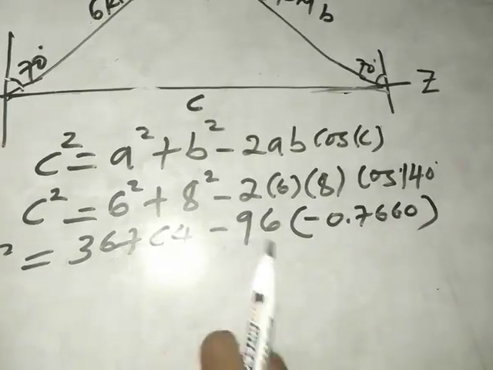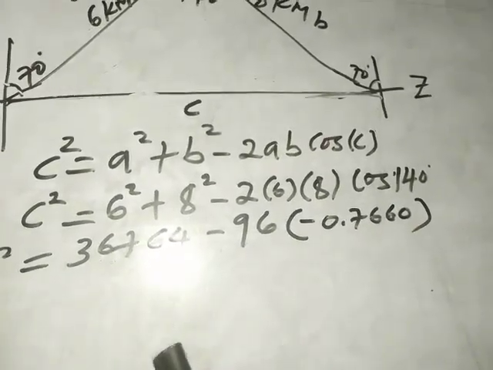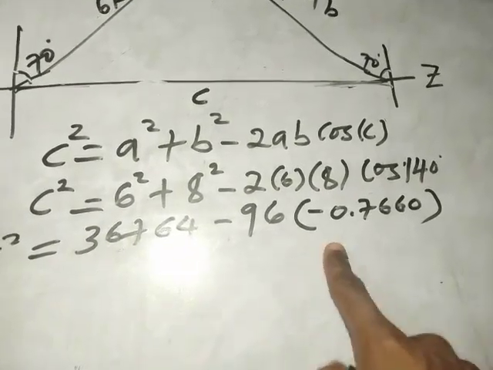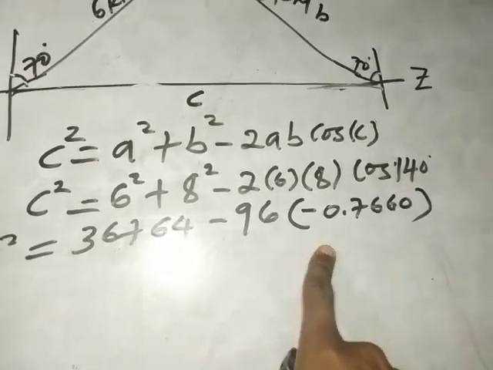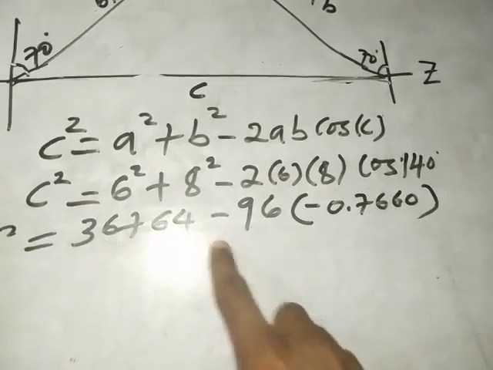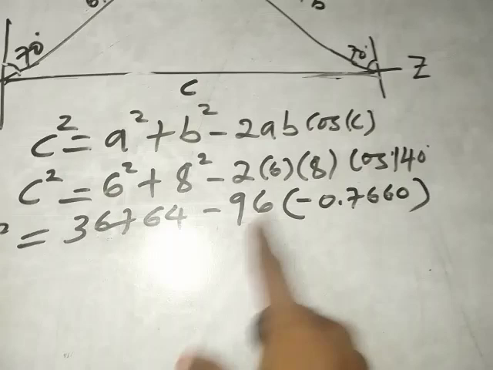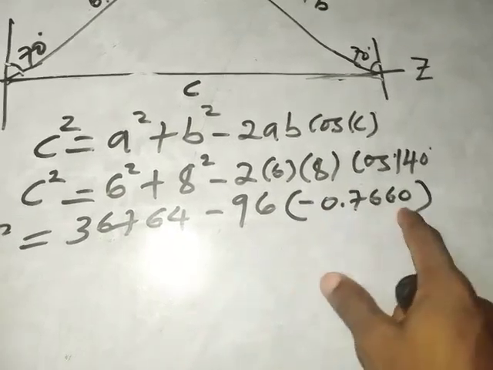So when you have this, let us carry out some arithmetic. Remember, BODMAS: you deal with the brackets first before you shift to any other operation. So minus 96 times minus 0.7660.